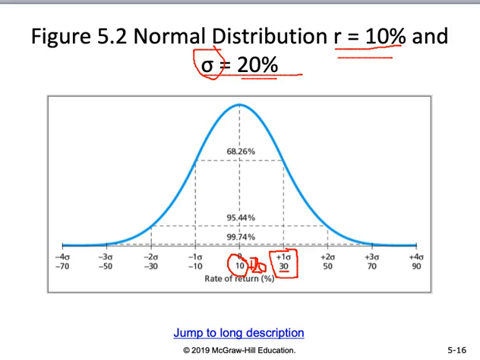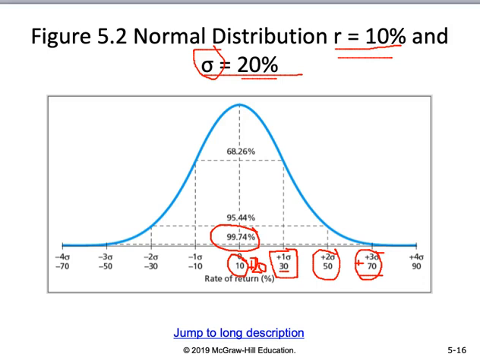Two standard deviations, we add another 20, so it's 20% per standard deviation. And one more, we add another 20, and so with a 3 standard deviation positive event, we would expect a 70% return. And statistics tells us that a 3 standard deviation event above and below the mean should capture almost 100% of all possible outcomes.